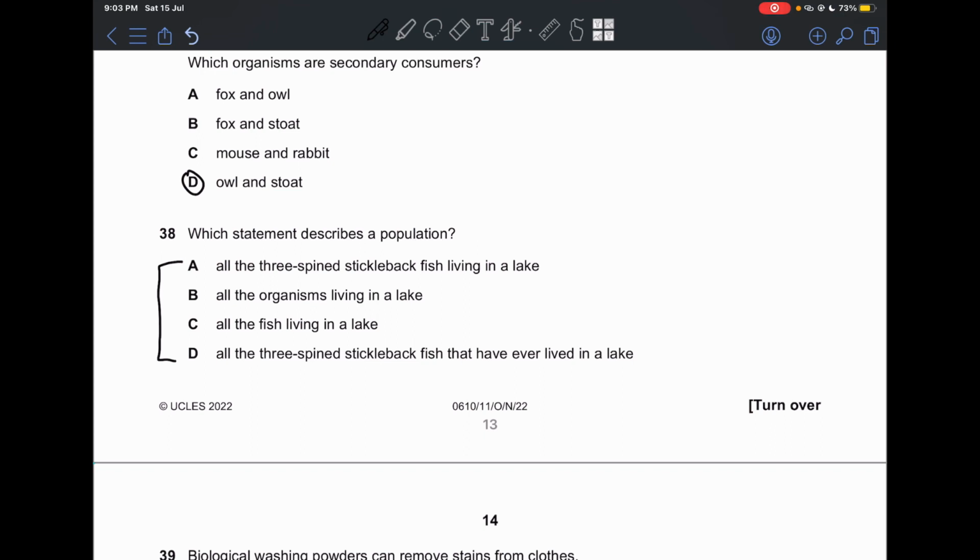This is something that describes the definition of a population, so that's going to be our answer. Now, why not the other options? B and C actually don't have a specific species of animals. They're just really general, like organisms. There can be more than one species of organism, and as well for fish, there are many types of fish. So this is not one species.